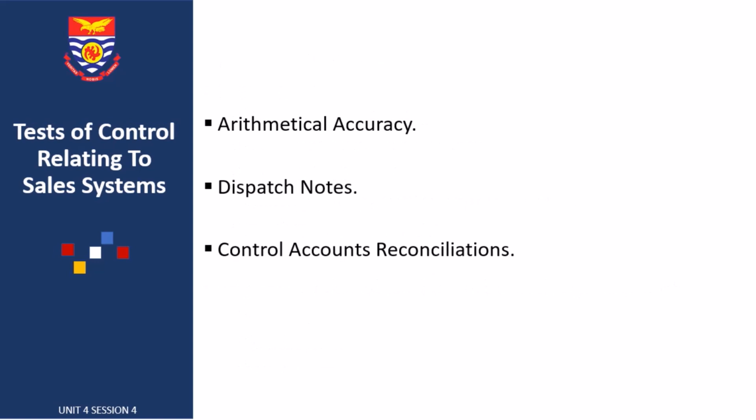Now we also have the dispatch note. We have the control account reconciliation, and then we have the arithmetical accuracy. So these are some of the broad headings that this test of control can be grouped under: authorization, sequence check, arithmetical accuracy, dispatch note, control account and reconciliation, and the others.